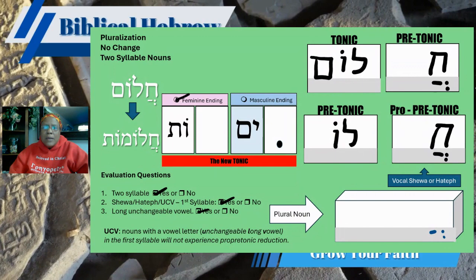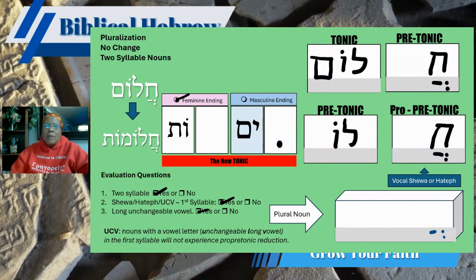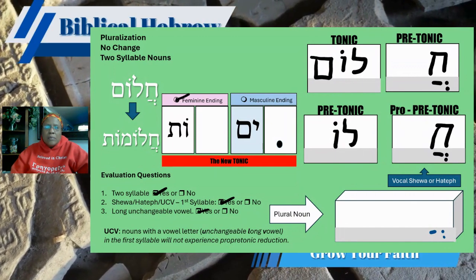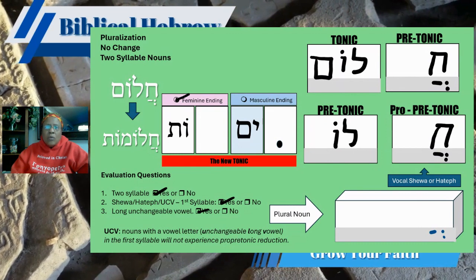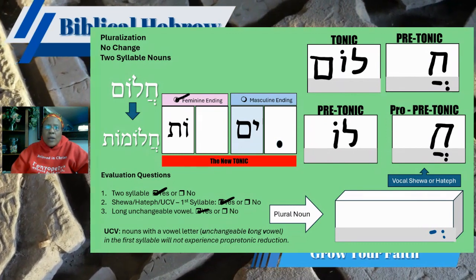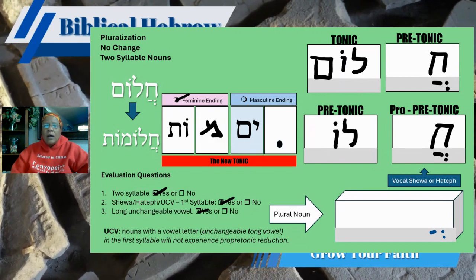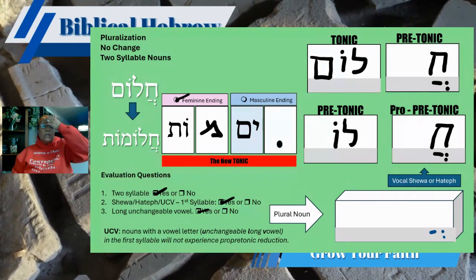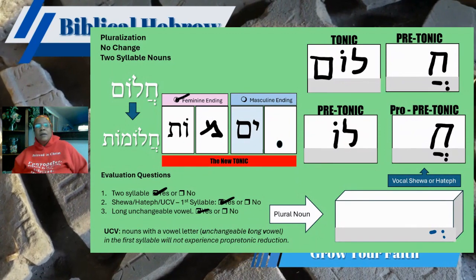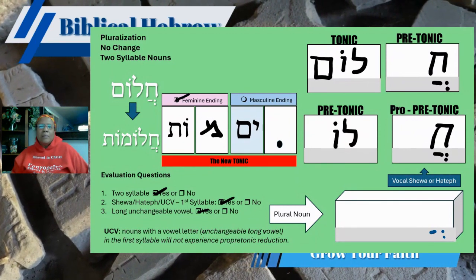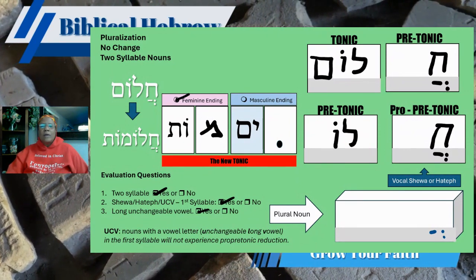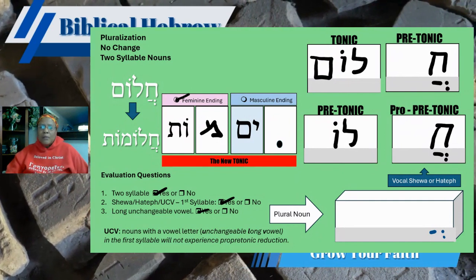Now, because the mem is now in the middle of the word, we are going to go back to the regular mem and write that. We never put a final mem in the middle of the word.